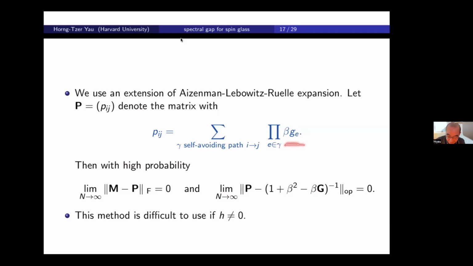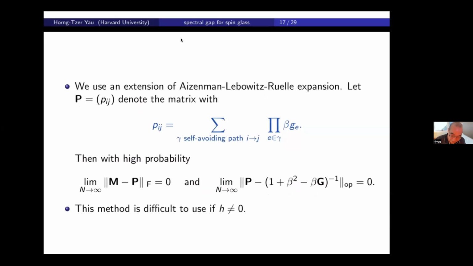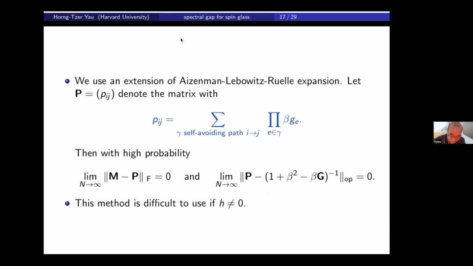The correct way to write it is slightly different, but roughly speaking, this is the way to write the partition function. What we prove is that this expression and this correlation in the Frobenius norm actually go to 0. We also prove that this object, if you expand this matrix, is exactly this object, and in operator norm it goes to 0. So it looks like a very happy ending, and there's a nice way to understand this for H equals 0.